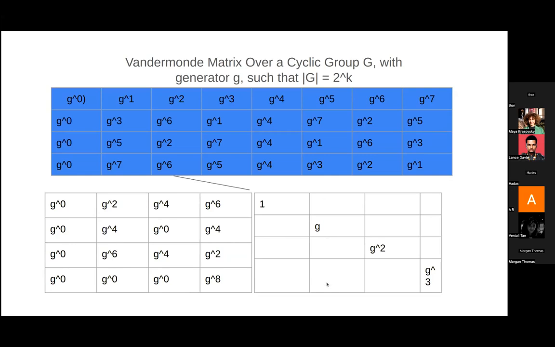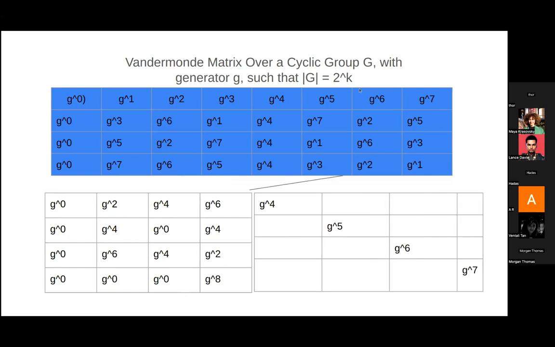And everything will zero out except for the elements in the second column here. So this is equivalent to multiplying each column by a specific thing. The first column will be multiplied by 1, the second column by g, the third column by g squared, and the fourth column by g cubed. And then the same is true over here, but now for different elements.